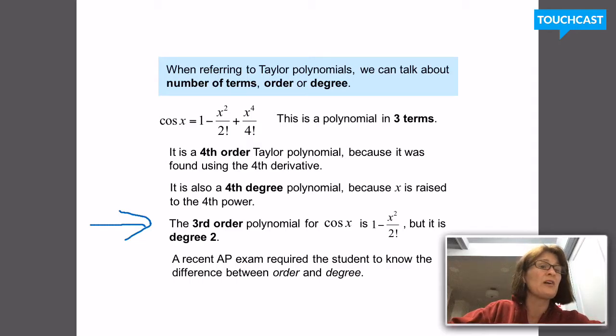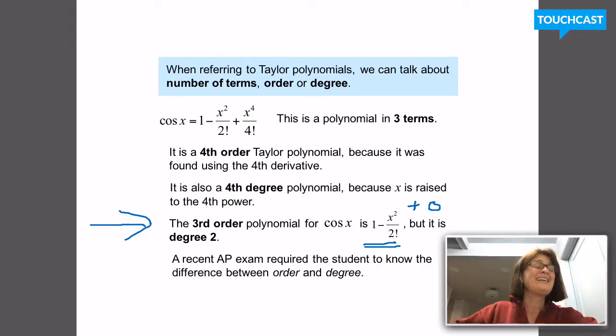But the third derivative of cosine x at x equals 0 is 0. So here, you could imagine having a plus 0 term here, and that came from figuring out the third derivative. So you would say this is the third order polynomial. It is a 2-term polynomial, and it's of degree 2 because it contains an x squared term as its biggest term.